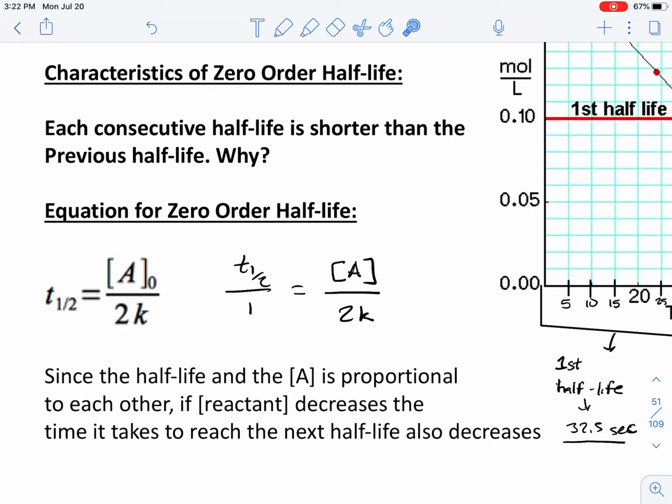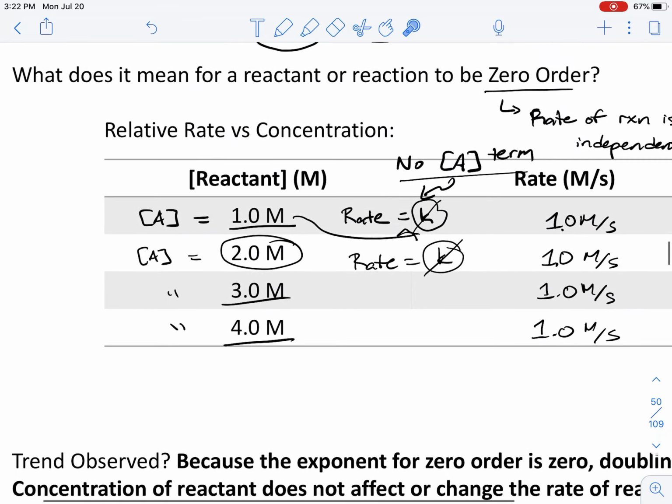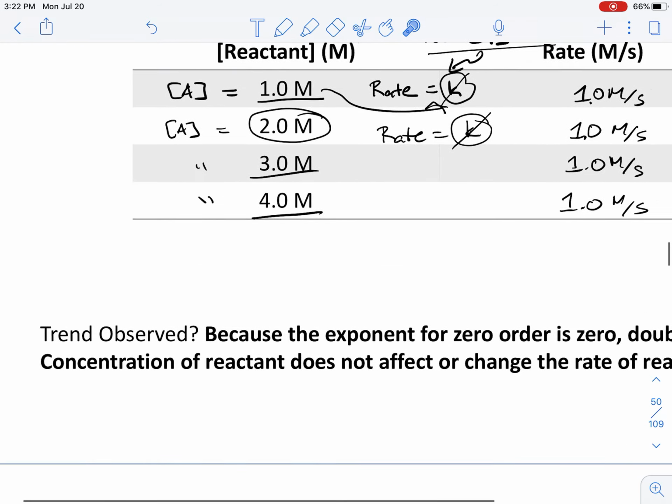So for zero order, the half-life is dependent on concentration, very similar to second order, right? However, the rate law is independent of the concentration of the reactant.